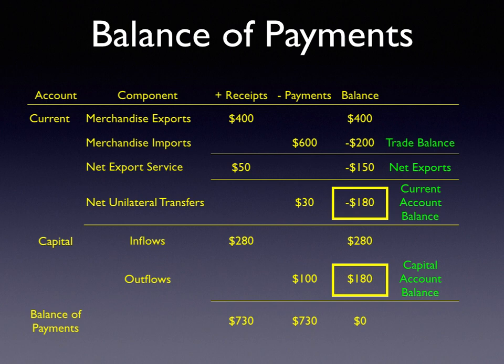Once again, when we talk about a trade balance, where is that discussion occurring? It's generally occurring up in the current account under merchandise exports and imports. But we always recognize that your overall balance of payments has got to be 0. The other country that is selling products to you receives cash in exchange.